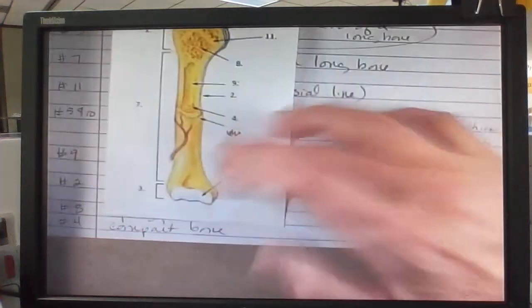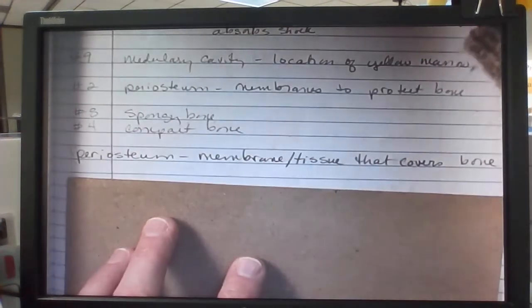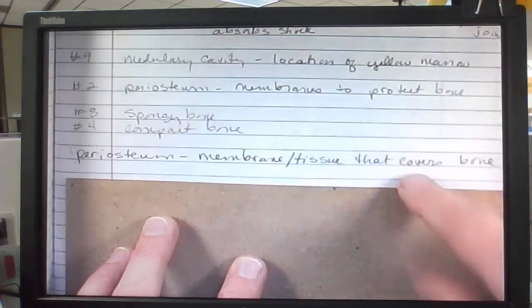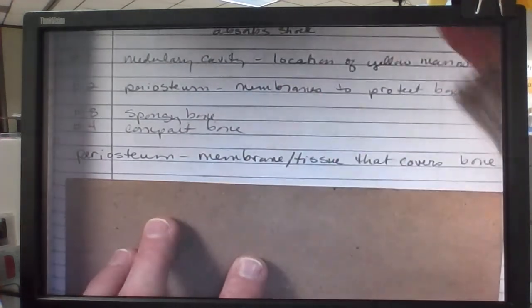Okay, so that's all our bone structures. Oh, no, I wrote that on there, didn't we? Yeah, we kind of already put periosteum up on there. I don't know why I repeated that.